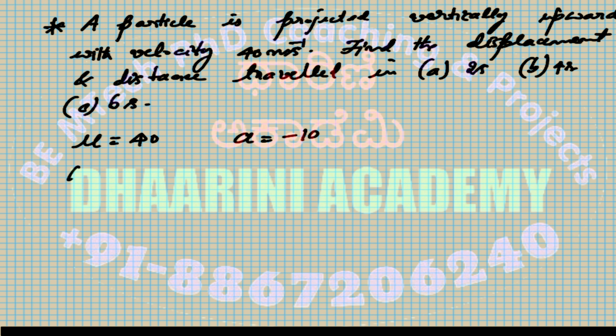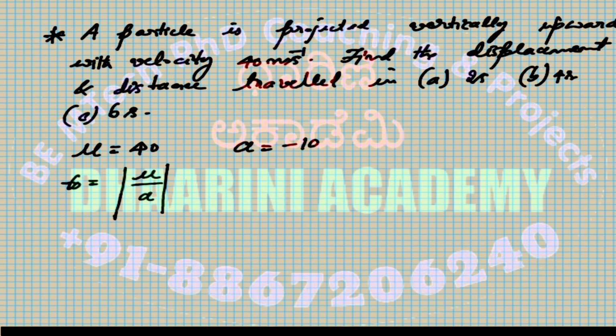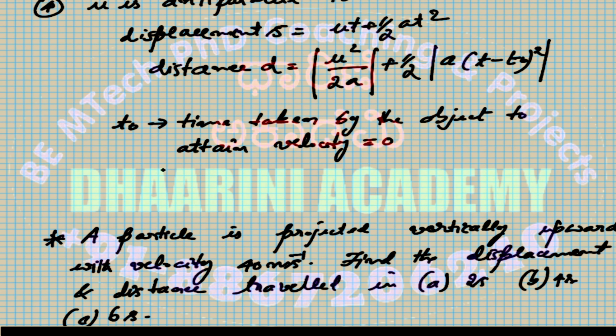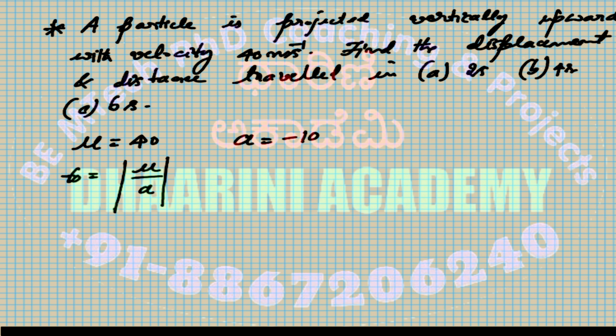So t naught is the time taken for velocity to become 0, which is magnitude of u by a. So 40 by minus 10, taking only the magnitude, which is always positive, so this is 4 seconds.